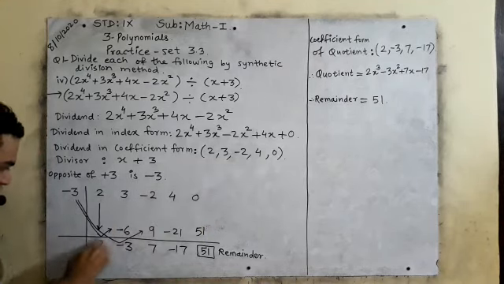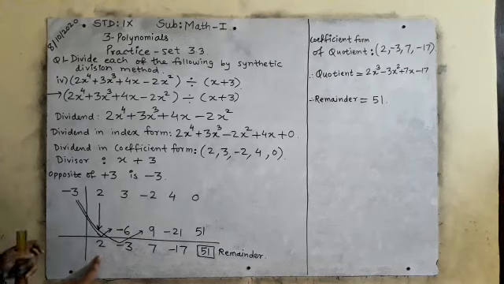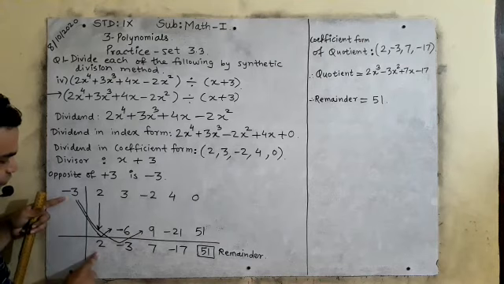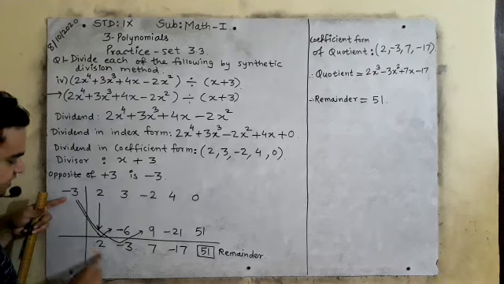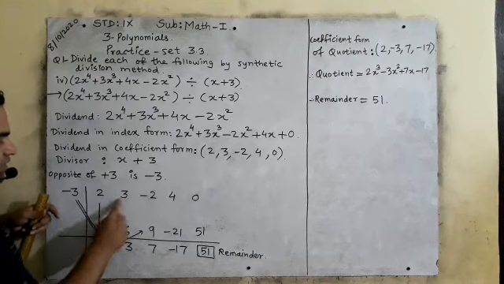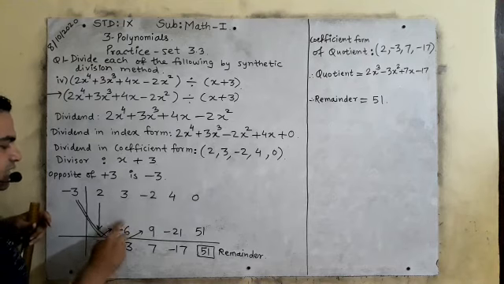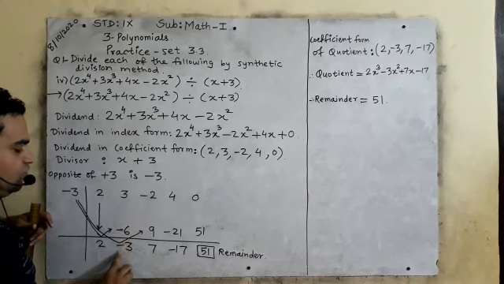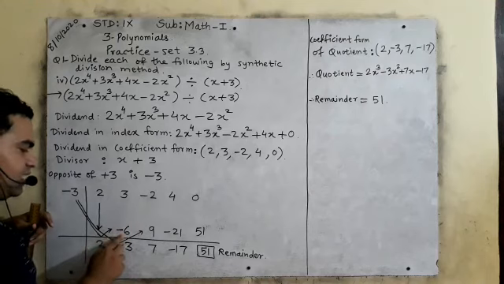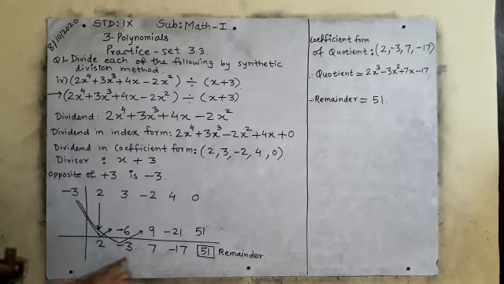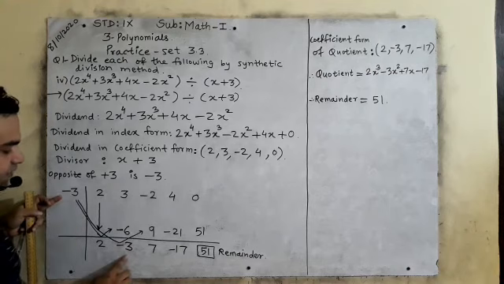The first coefficient will come as it is. Then you will multiply. Minus 3 2s are minus 6. We have to do addition only. Plus 3 and minus 6 is minus 3.